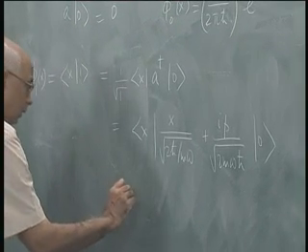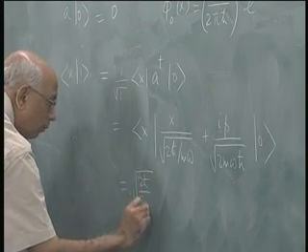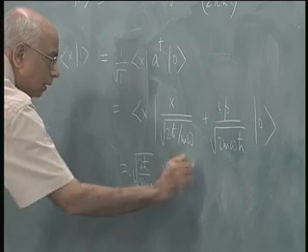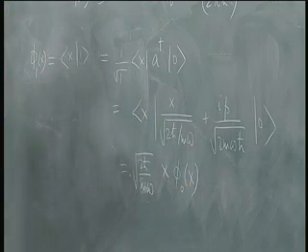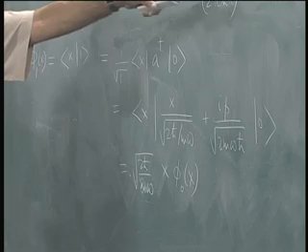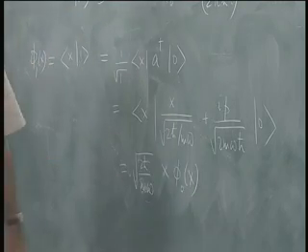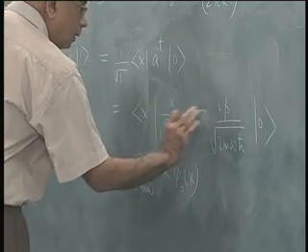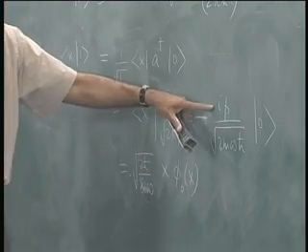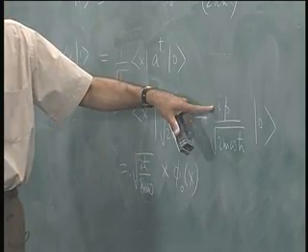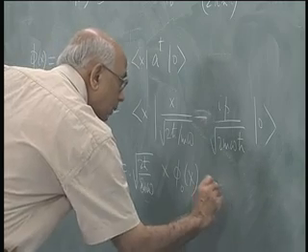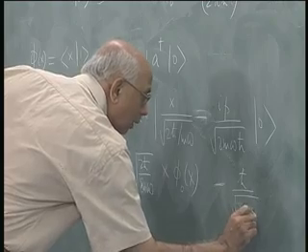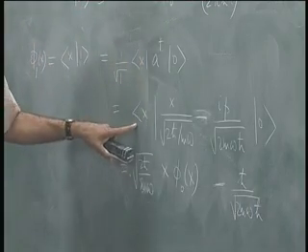But that is the same as square root of m omega over 2h cross x on phi naught of x, because this is going to act on this and just produce a number, and the rest is phi naught of x, which we already found out. And then plus what should be minus? A dagger is minus, that is right, good. And then I times minus I h cross. So minus h cross over root 2m omega h cross d over dx on phi naught of x.